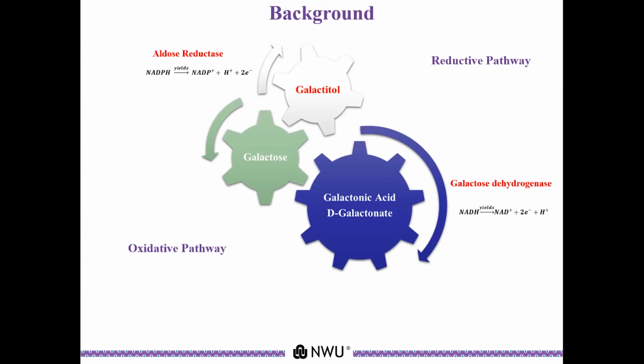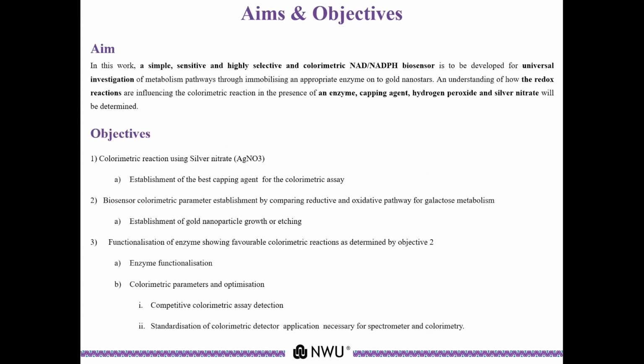So that being said, if you check here on our objectives, I'm working to produce a simple, sensitive, and highly selective colorimetric NAD/NADPH biosensor for the investigation of metabolic pathways.